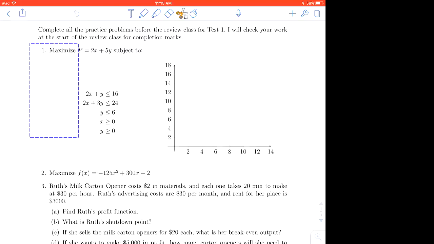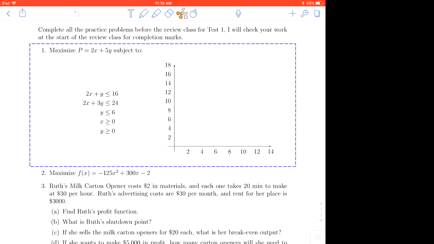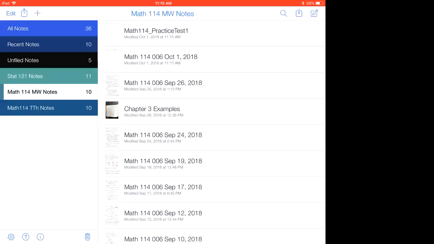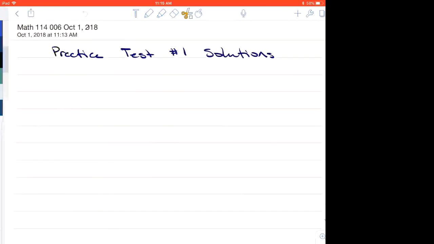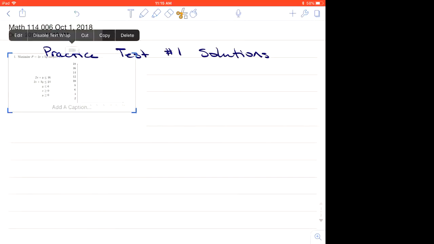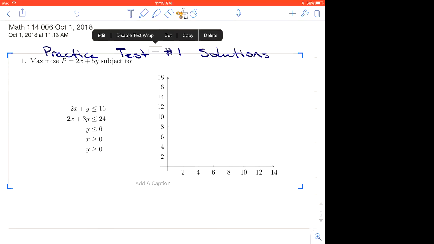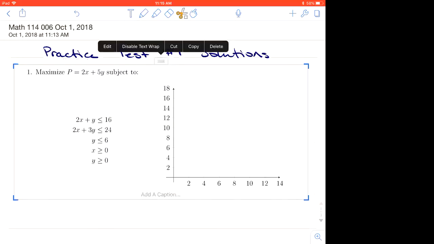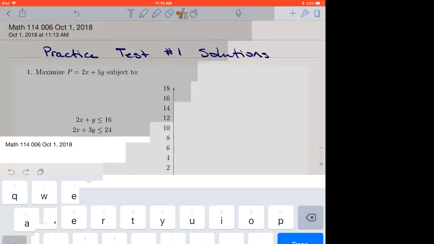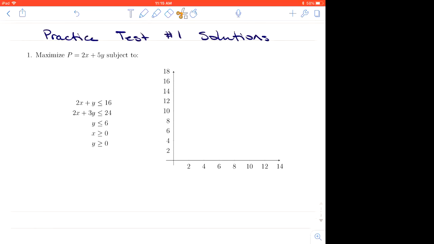There's a typo, right? Who knew one little negative could throw us off so much in question 2? But we'll talk about that when we get there. It's possible to do it with the question like it was, but easier if you have the negative 125.